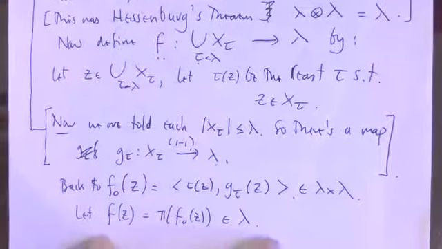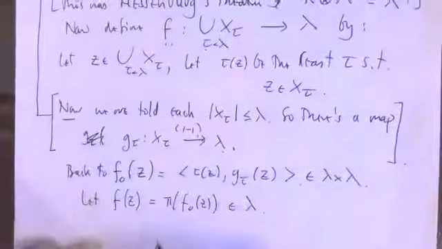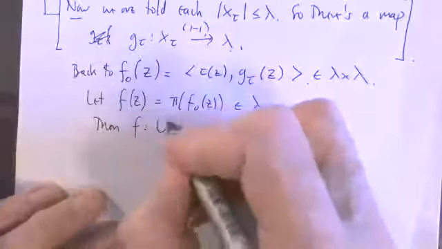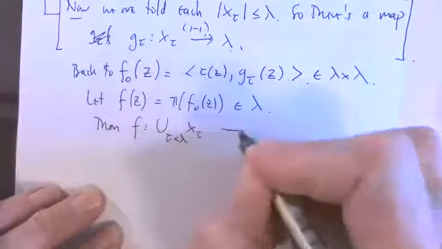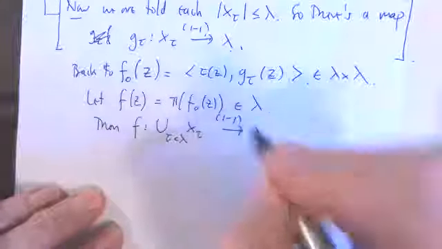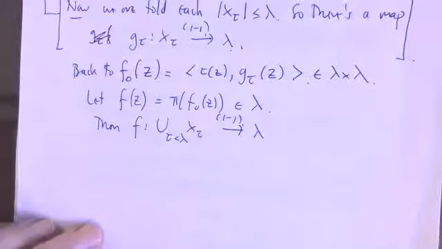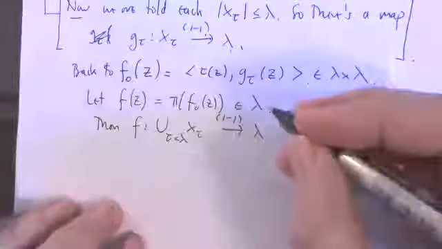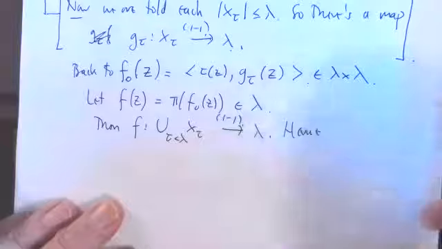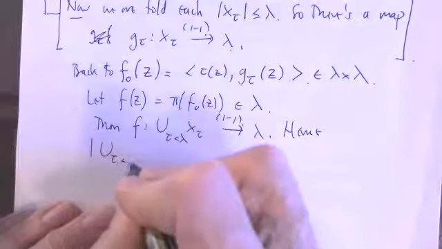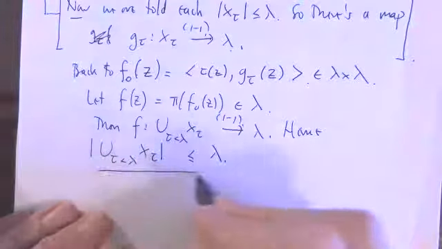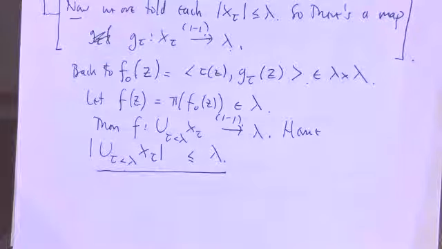So in the end, what I've got is that F is a one-to-one map into lambda. But that says the cardinality of this is less than or equal to the cardinality of that, which is what we were trying to show.